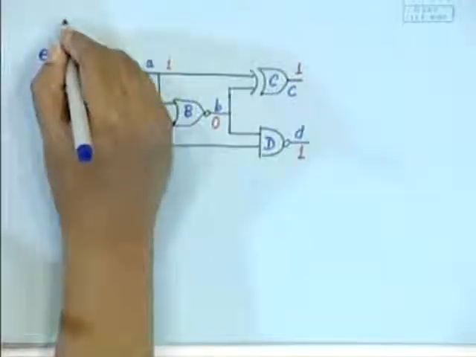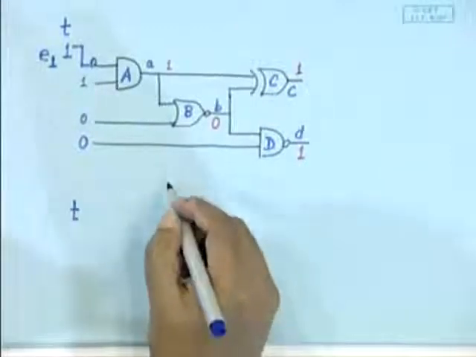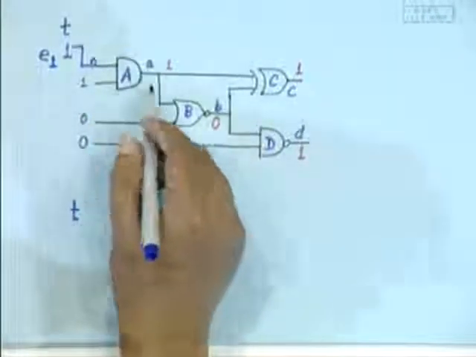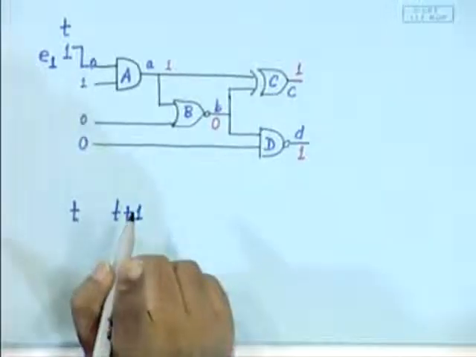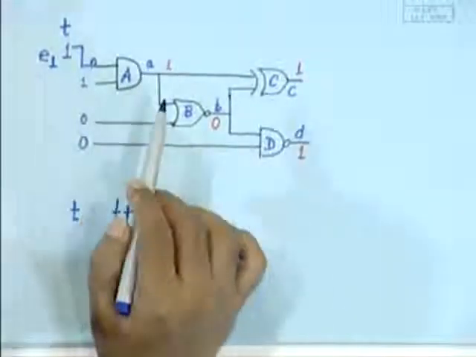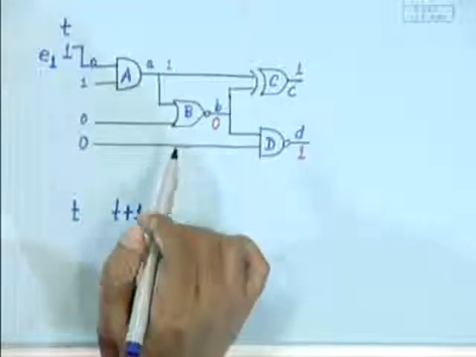So if this has taken place at time t, it generates at time t plus 1, because let us assume that each gate has a delay of 1. So at t plus 1 it generates a fall event, right.